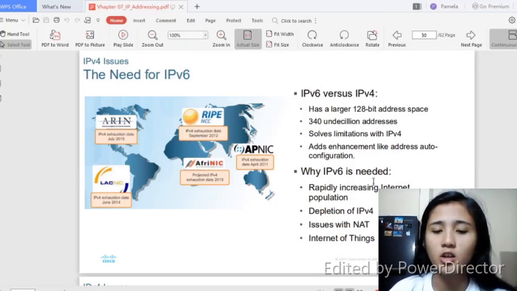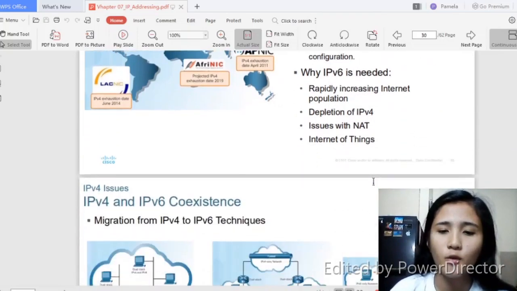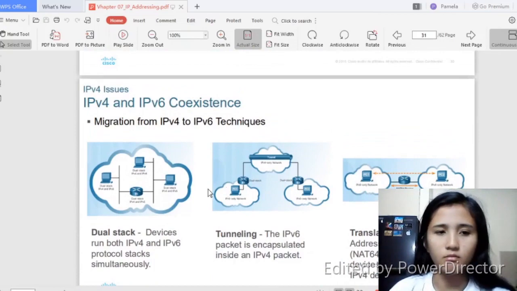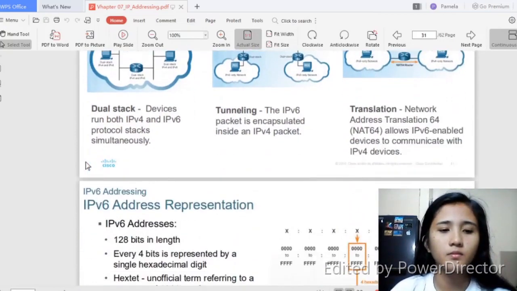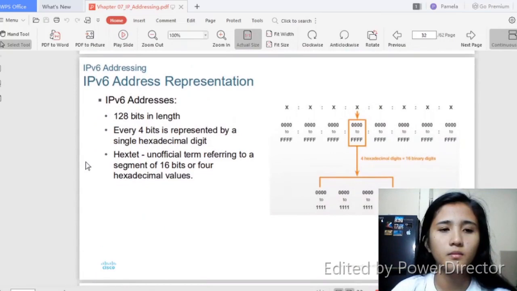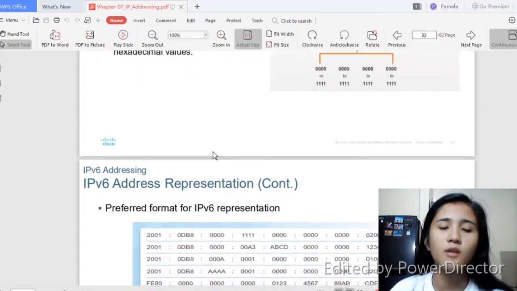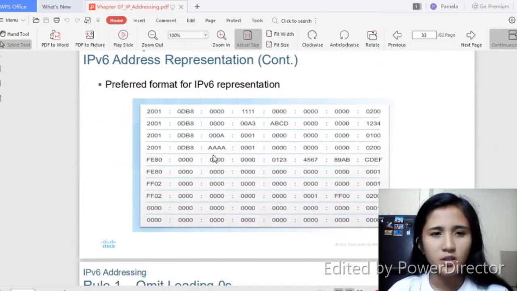Rapidly increasing internet population, depletion of IPv4, issues with NAT, and the Internet of Things. The IPv6 address is 128 bits in length, and every 4 bits is represented by a single hexadecimal digit. Hextet is an unofficial term referring to a segment of 16 bits, or 4 hexadecimal values. So this is the IPv6 address representation.